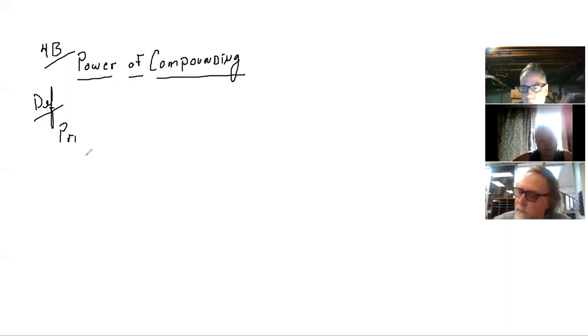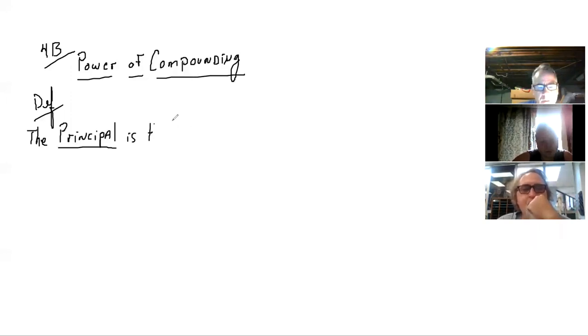Usually designated in a formula with a capital P. The principal is the balance on which interest is paid.